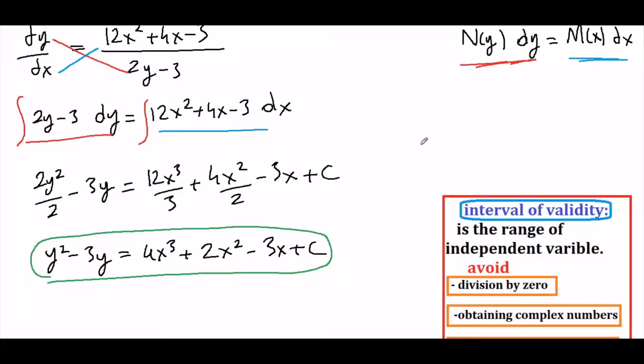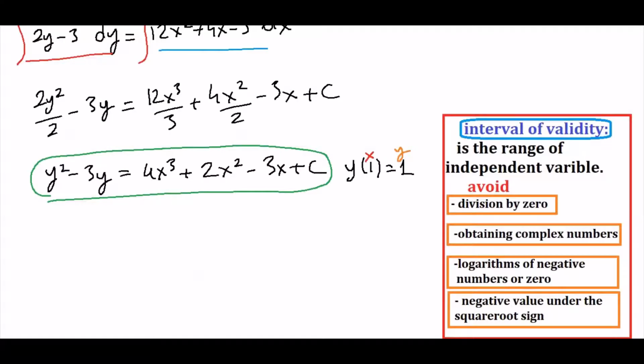So using the given initial value, we're going to solve for c. Our given initial value was y of 1 equals 1. So here our x value is 1 and our y value is 1. Now we're going to plug in. So 1 squared minus 3 times 1 equals 4 times 1 cubed plus 2 times 1 squared minus 3 times 1 plus c.